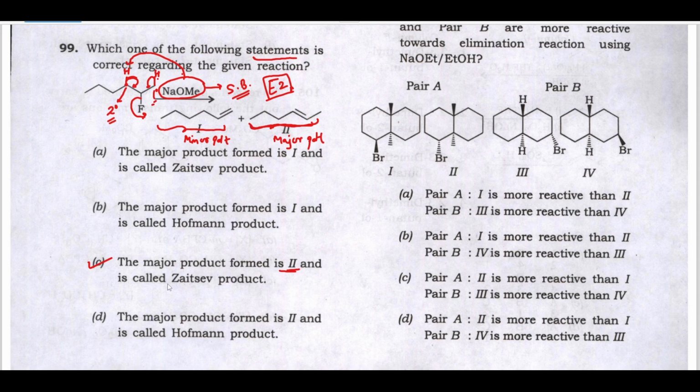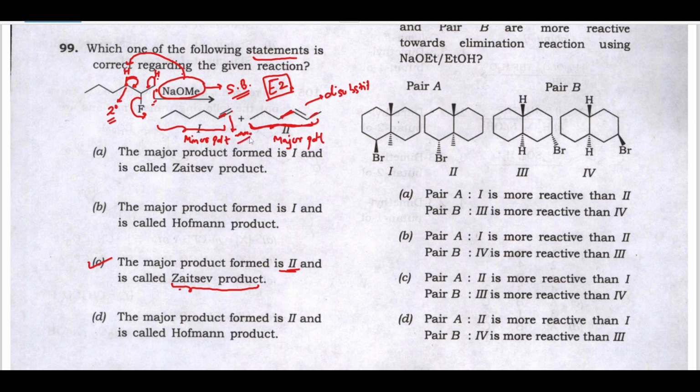Now we have to know about the Zaitsev rule. According to the Zaitsev rule, the most substituted alkene is generally the most stable and thus favored. So this is the most substituted alkene, as compared to this, which is mono substituted, and this, which is also mono substituted.